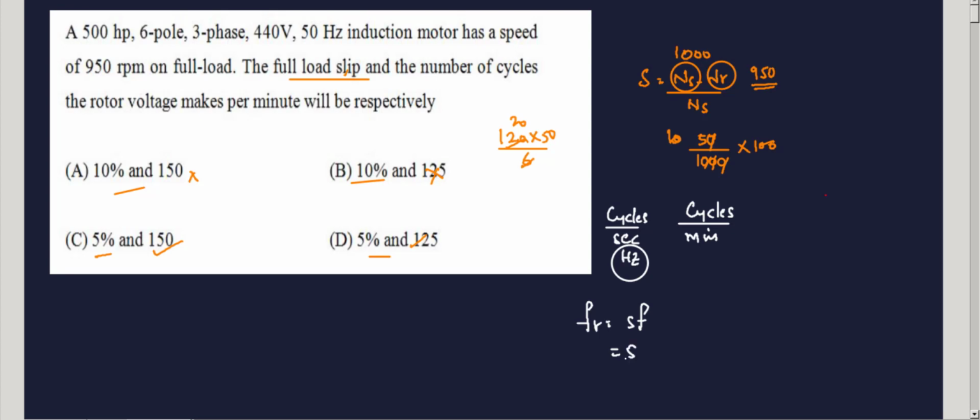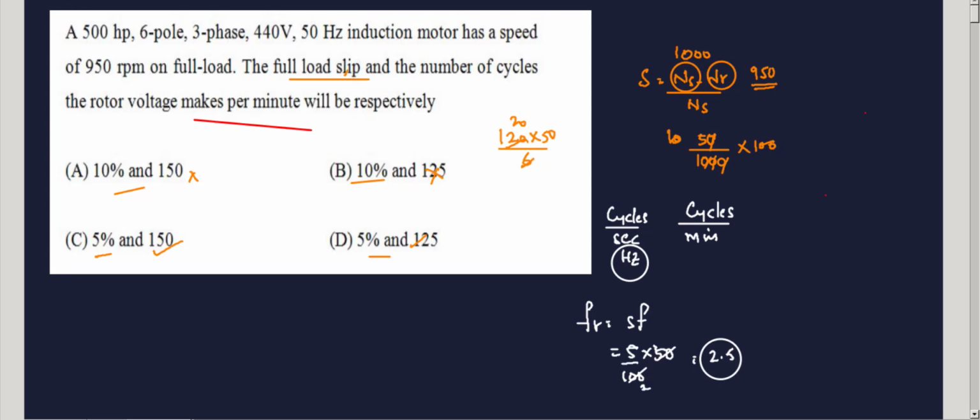What is the S here? Slip is 5%, so 5 by 100 into frequency 50 gives 2.5. This is the rotor frequency, but the question clearly asks for the number of cycles the voltage makes per minute.